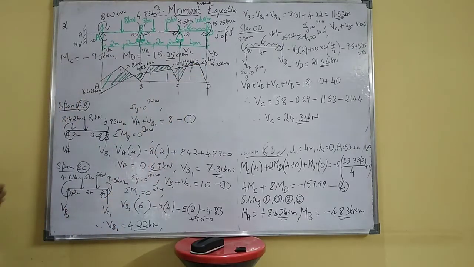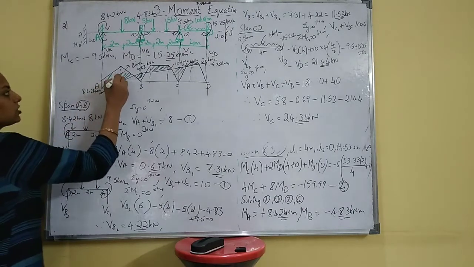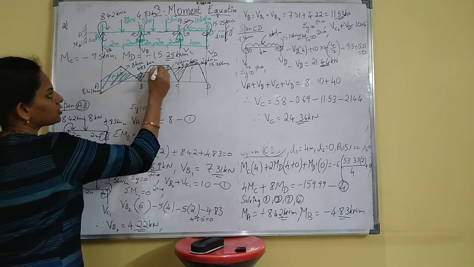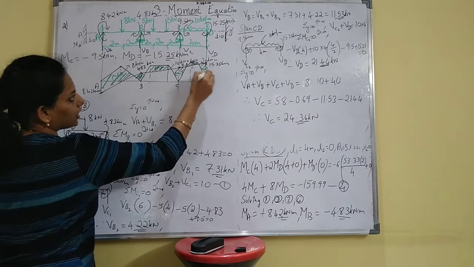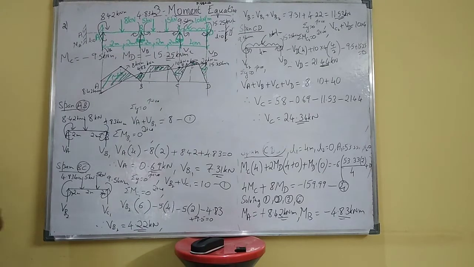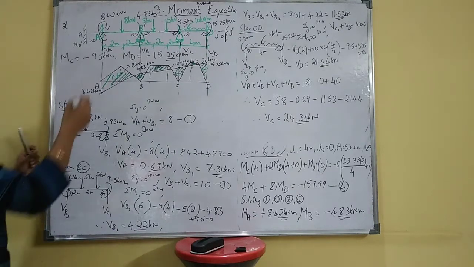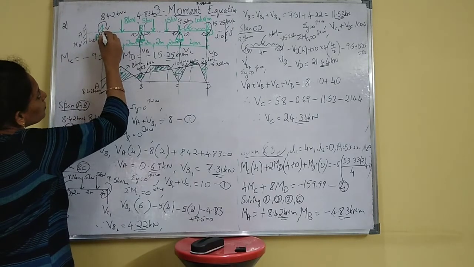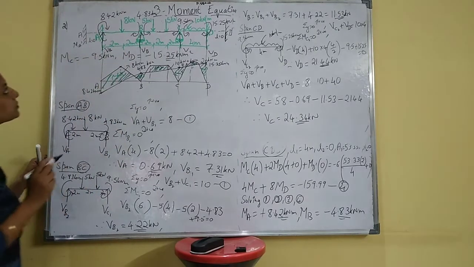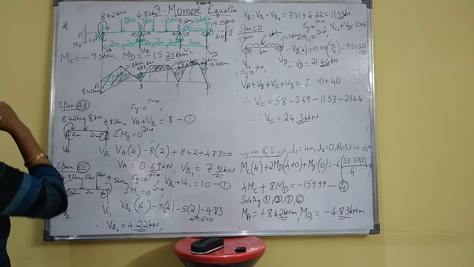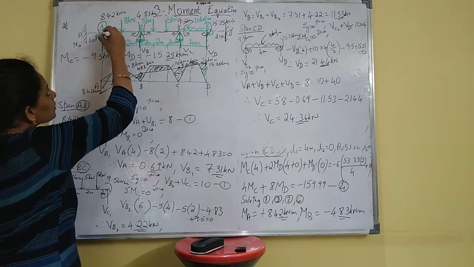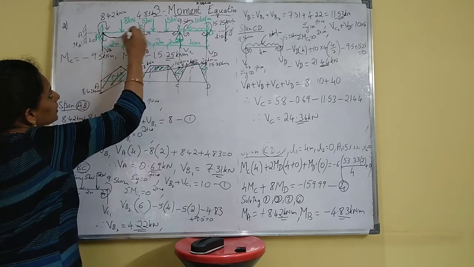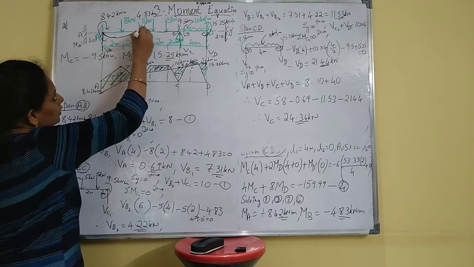So this is your bending moment diagram which I marked in the green color. So this will be positive, this is negative, this is positive, again negative, this is positive, and this part is negative. Okay, this is your bending moment diagram. And your elastic curve, here it is positive, so it will be like this, and here it is negative, so it will be like this.